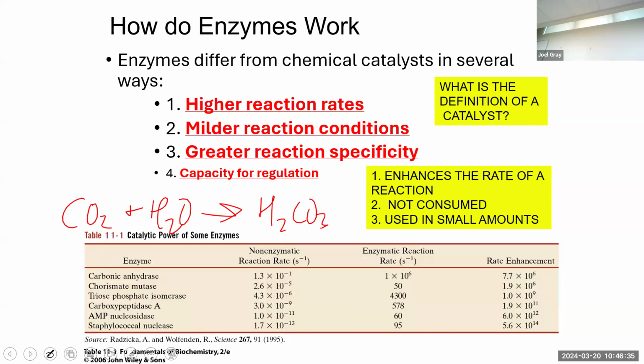That nuclease is just one enzyme found within those staphylococci. Sure, they're only doing it 95 times per second, but the non-enzyme catalyzed reaction is 1.7 times 10 to the 13th. What that enzyme does is it takes DNA and just chops it up. So we have a rate enhancement of 5.6 times 10 to the 14th.